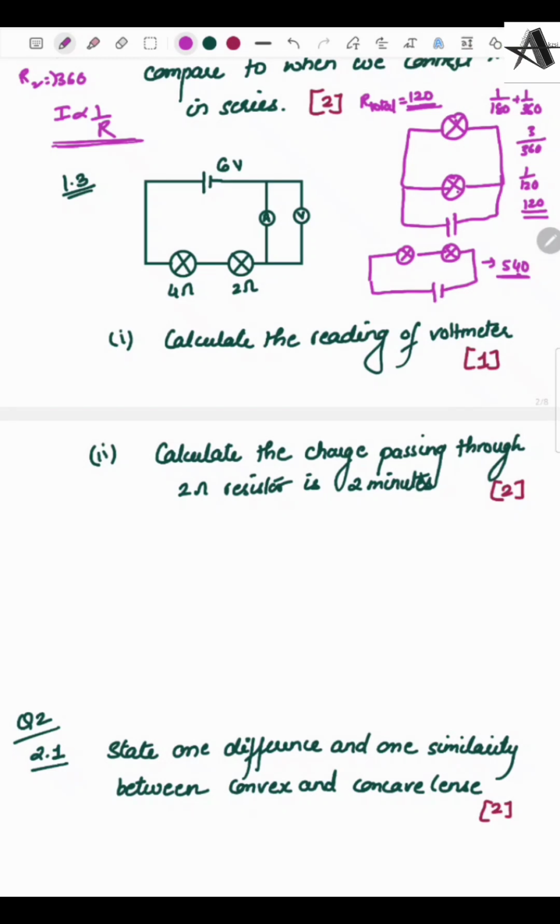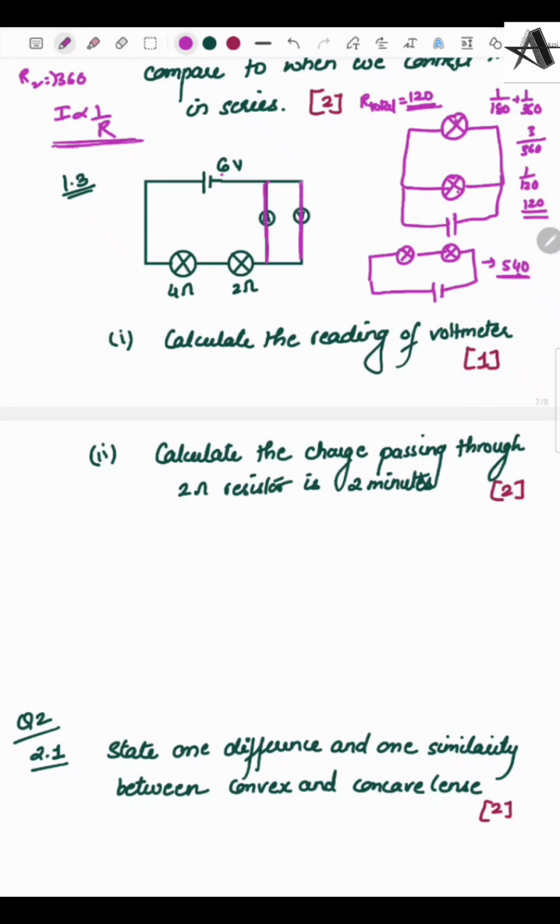Now calculate the reading of the voltmeter. This is question 1.3 and it says we have to calculate the reading of the voltmeter. Here you can clearly see current is flowing in this circuit, and when it flows, obviously it will cover this one. There's no chance that the current will flow here, because this current will pass through this and complete the circuit in this itself. Why? Because here there is no resistance, least resistance.